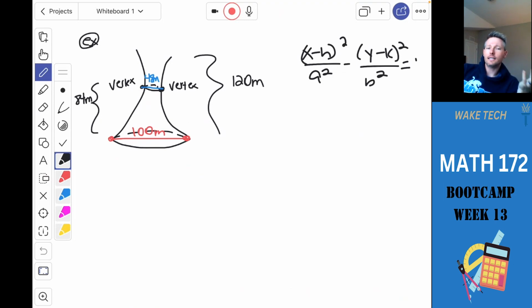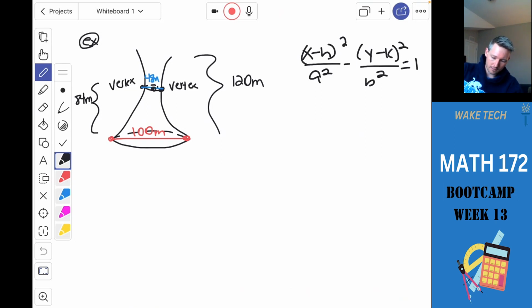We need to fill in h, k, a, and b. Same thing we needed to do for the ellipse from the pond. Well, when you're completing these application questions, my recommendation is to make the center of the conic section at 0, 0, if you can do that. If you're given the discretion of where the center is placed, 100% of the time, I would put it at 0, 0.